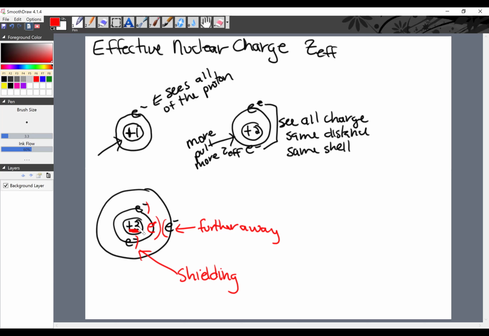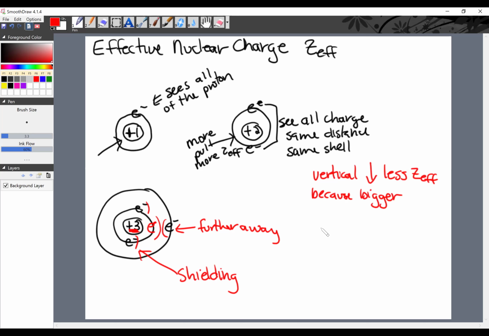So our first trend is vertical. As you go down, you have less effective nuclear charge, literally because of size. More shells.